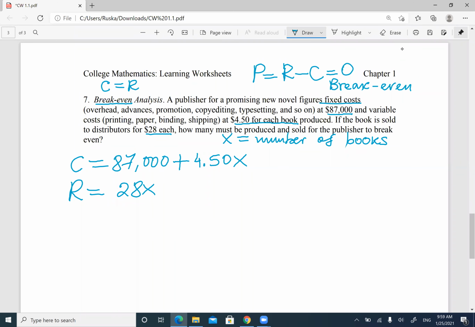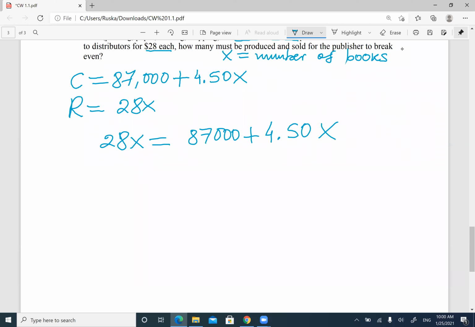So you're going to solve revenue equals cost. So I'm going to solve 28x is my revenue equals, and I'm just going to copy the cost, which is 87,000 plus 450x. And then we just have to solve this equation, and x is what I'm looking for.